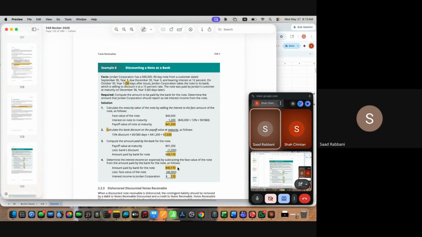And the 15% discount is going to be multiplied to what amount? 15% is retained by the bank.